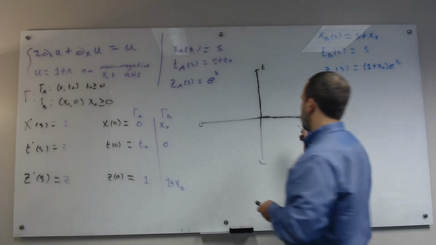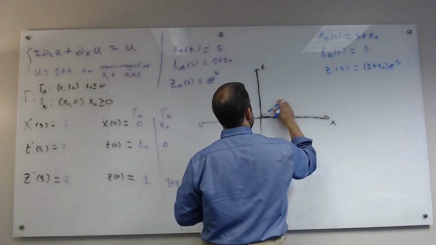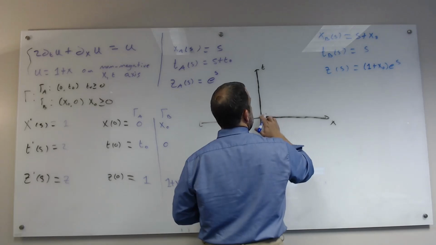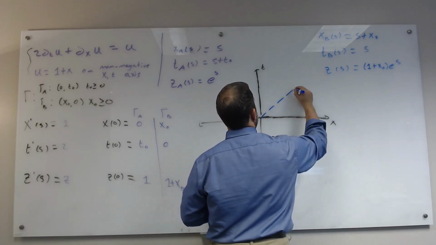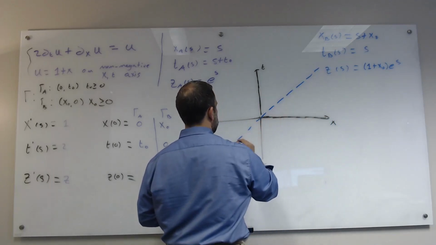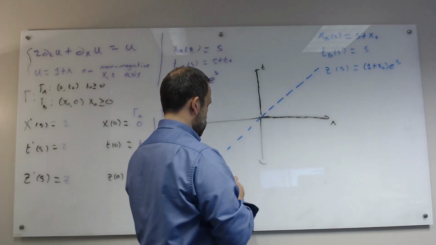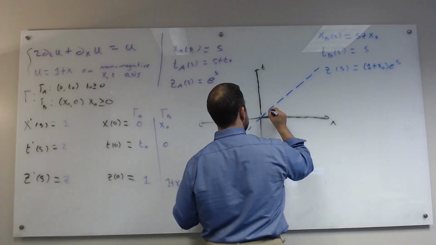So what I'm going to do, I'm going to draw, it's going to be a line of slope 1. And I'm going to draw it alternating blue and purple, and then of course it comes back through this way as well. This lets us know that it is the characteristic that's seen here.